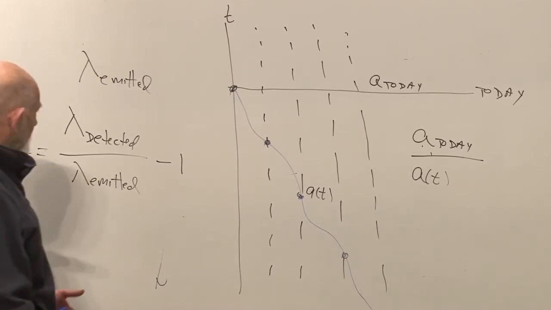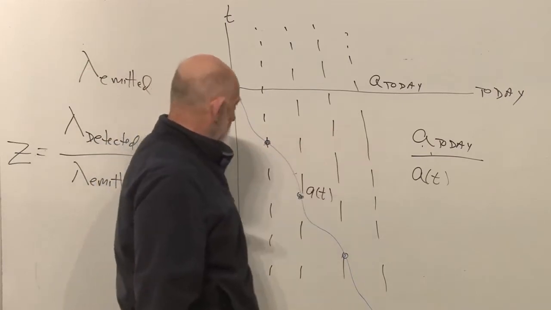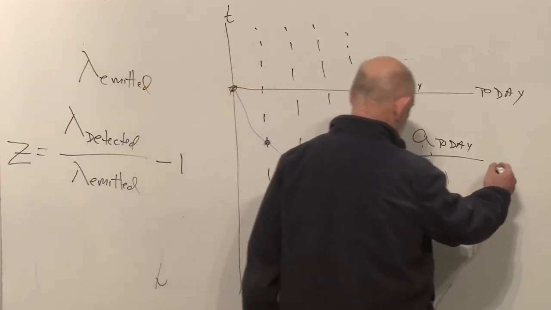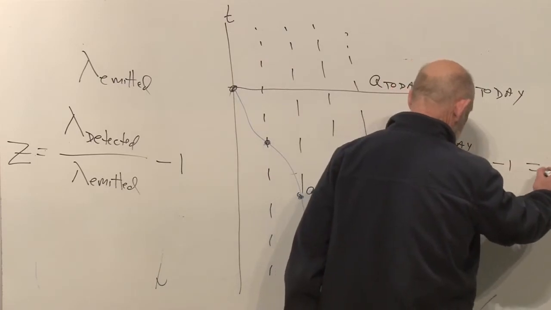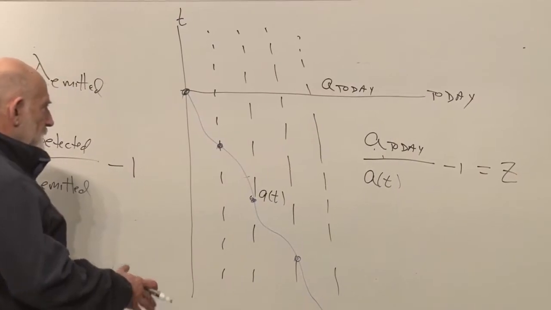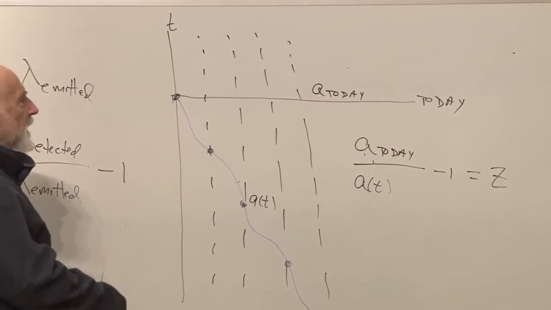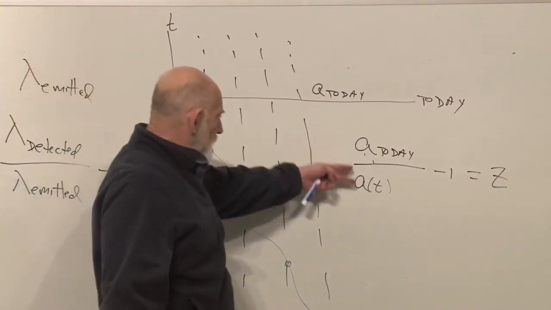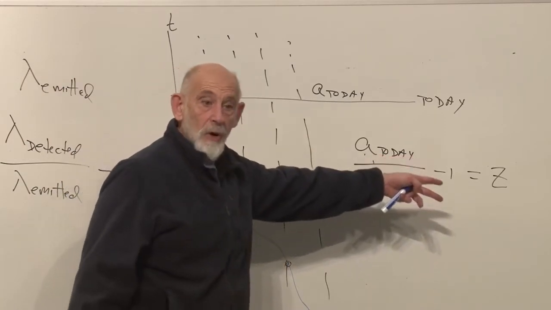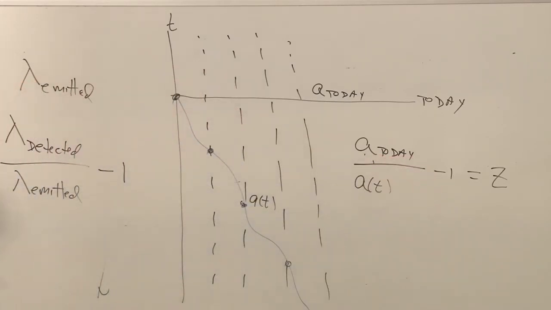A today over A of t, minus 1, is equal to Z. So if we know the scale factor at the time of emission, then we know what Z is. Okay, so that's good.